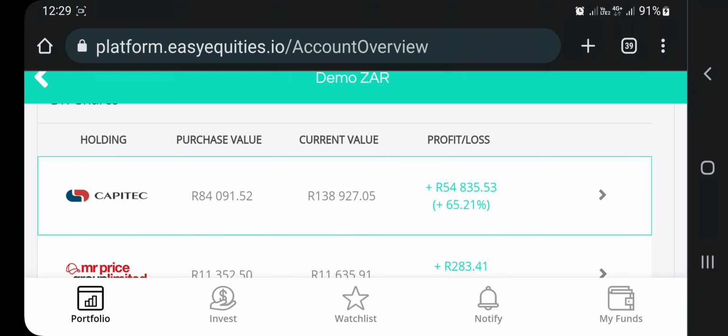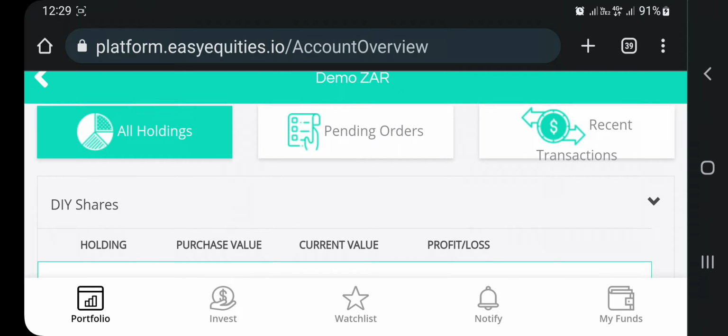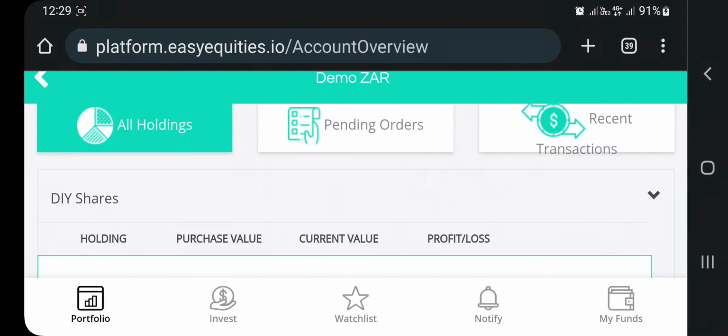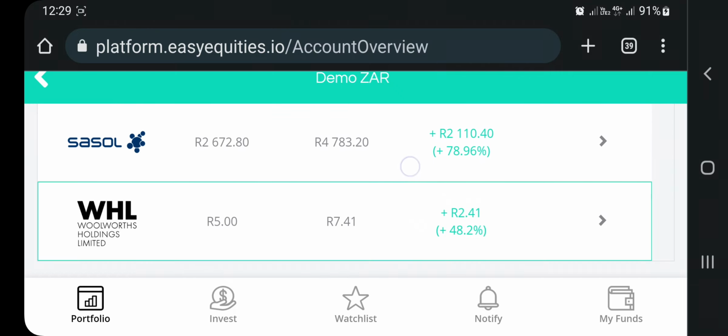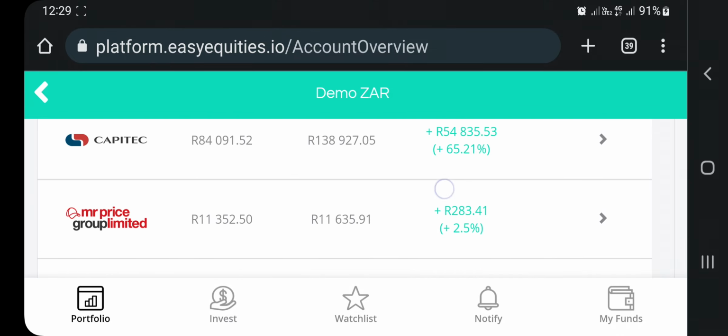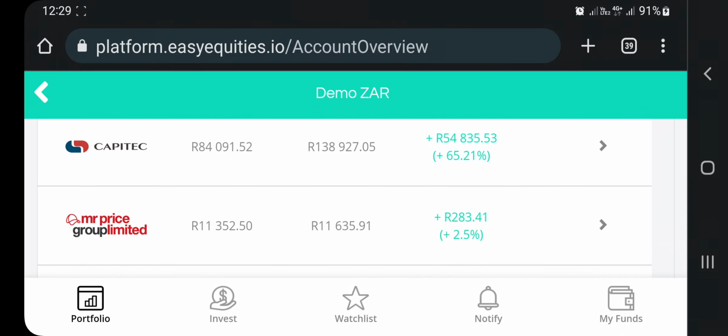Then you want to see its performance, Capitec and other companies' performance. Then what you're going to do, you're going to go here, straight down to all your holdings. You're going to open all your holdings. These are my first holdings and I was practicing here.